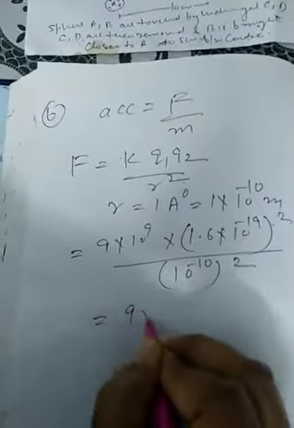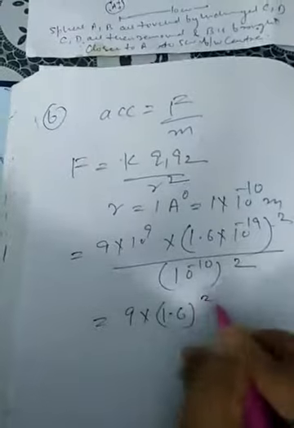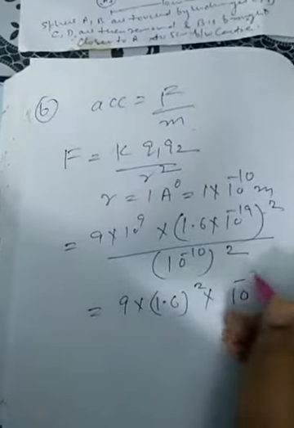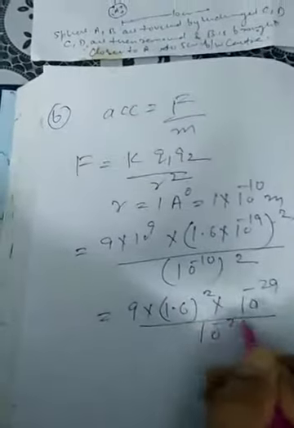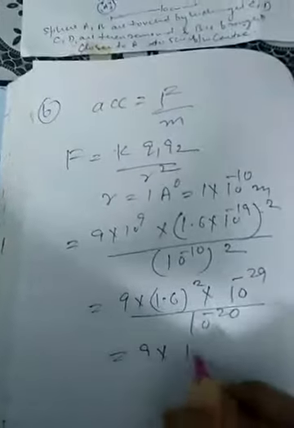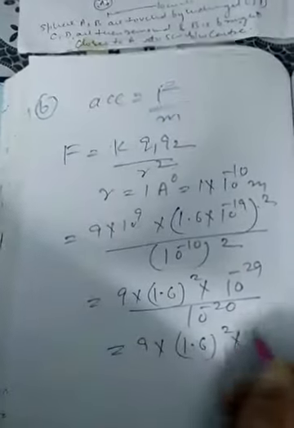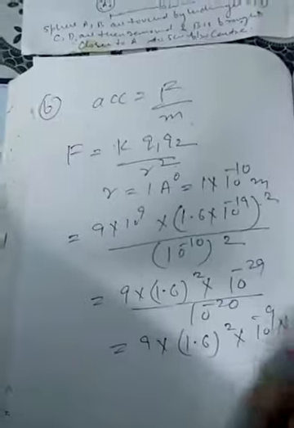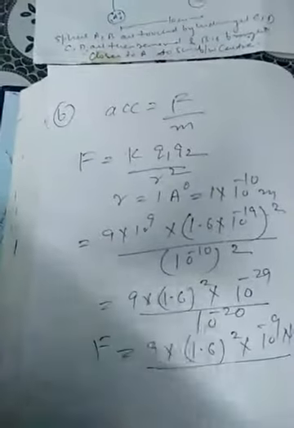That means 9 × 1.6² × 10^(9 - 38) upon 10^-20. So that is 9 × 1.6² × 10^-9 newton. So that is the force which is going to be there.